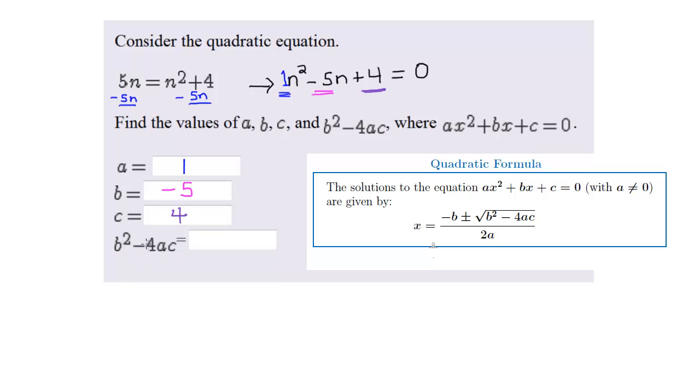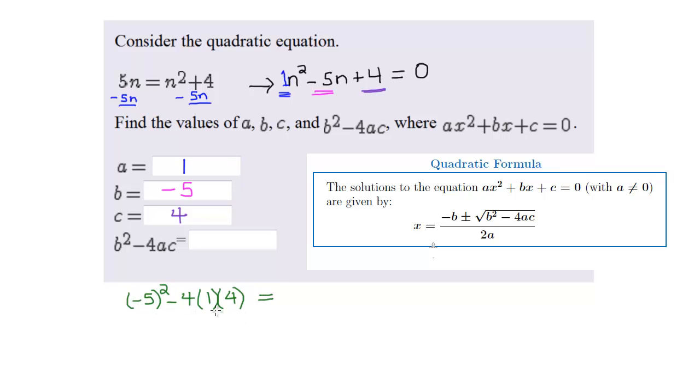And then b squared minus 4ac, well, that's the expression we obtain by plugging these values into b squared minus 4ac. So we have b, which is negative 5 squared, minus 4, times a, which is 1, times c, which is 4.